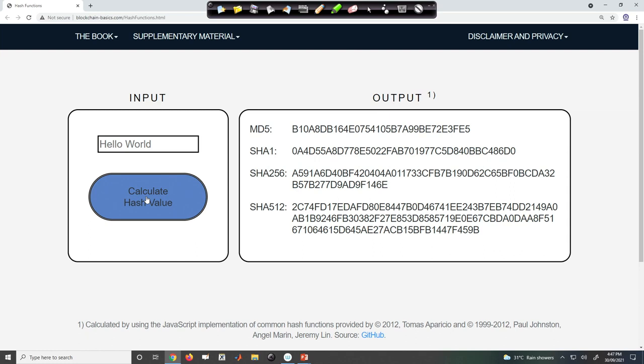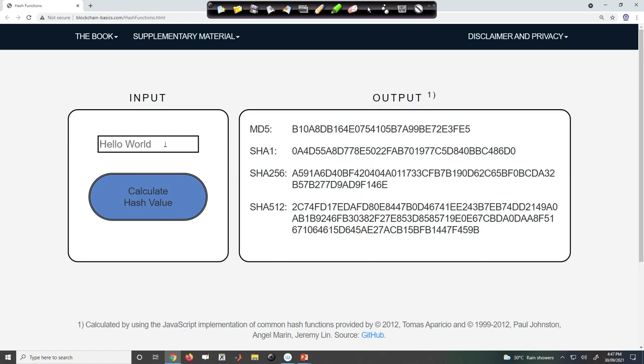Specifically, SHA-256 is shown using 64 hexadecimal digits, each of them like A, 5, 9, 1 and so on. So each is a hexadecimal digit and there are 64 such, so overall the length in bits is 256.